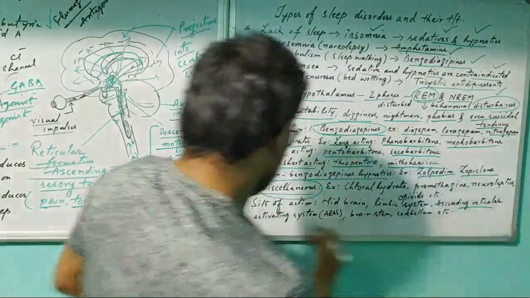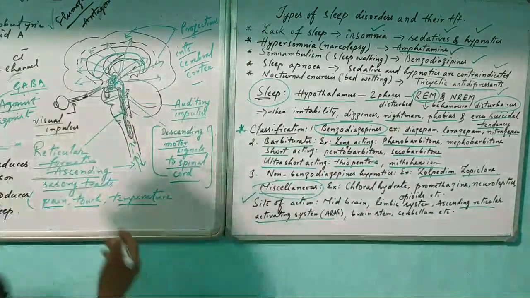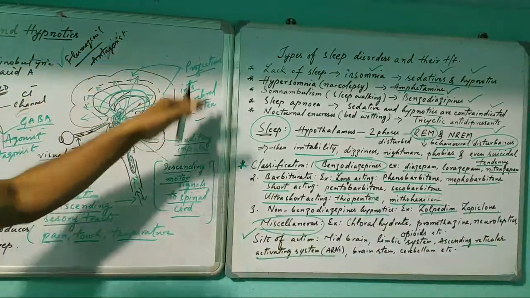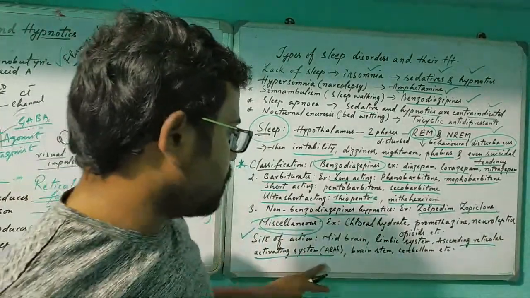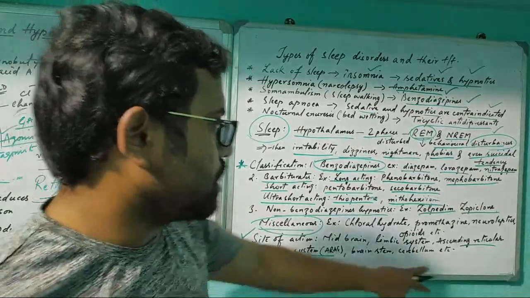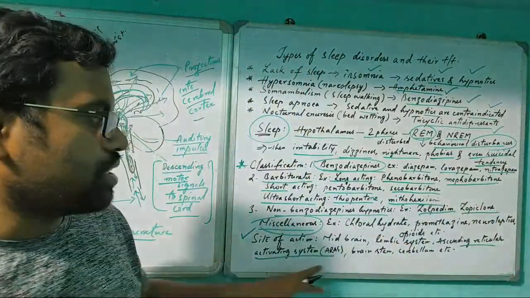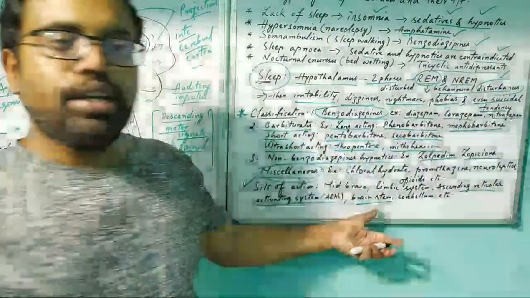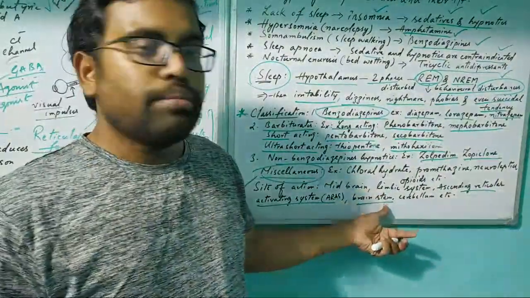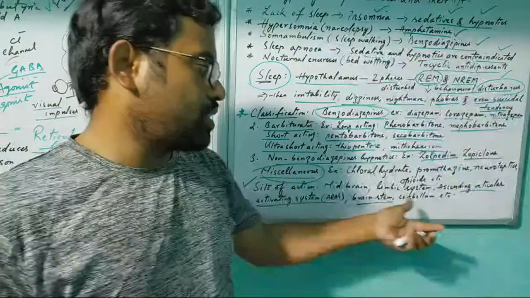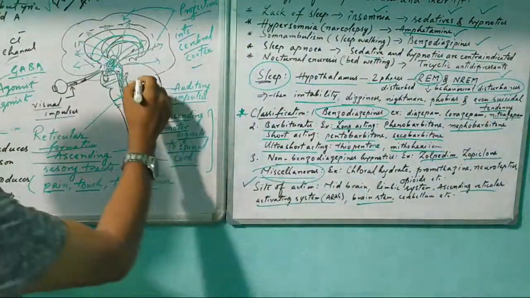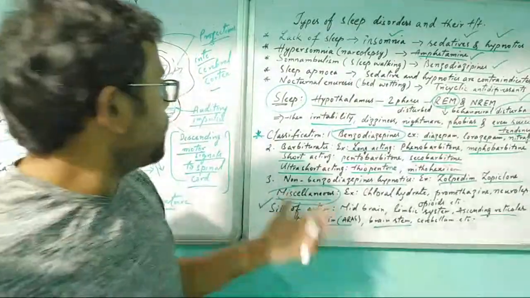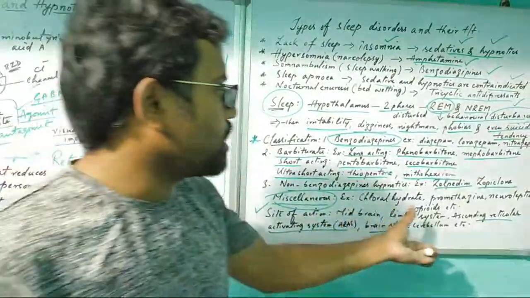Then the ascending reticular activating system: I already taught you that the ascending reticular formation runs like this and projects into the cerebral cortex, so that is called the ascending reticular activating system, ARAS. Then the brain stem, which is midbrain, pons and medulla oblongata. Then the cerebellum, meaning hindbrain. In those parts, these drugs are acting.